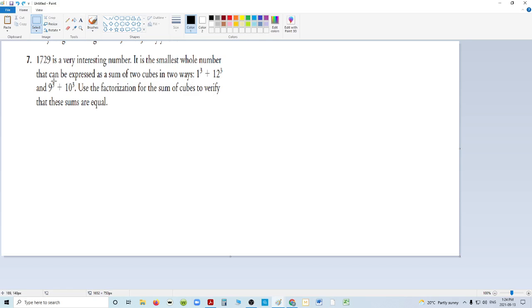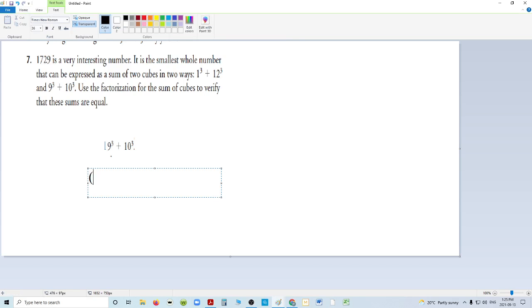Okay, let's just start with the first one. If you ignore that it's 9 plus 10, according to our sum of cubes, I should be left with 9 plus 10 as the base cubed. And then it's going to be multiplied by the first term squared, the two terms times each other, and it should be subtracted because they're a sum, and the last term squared.